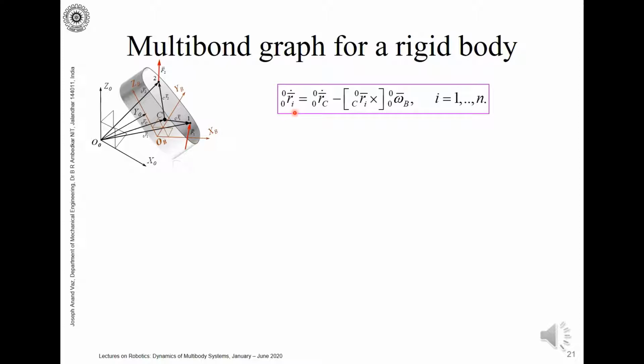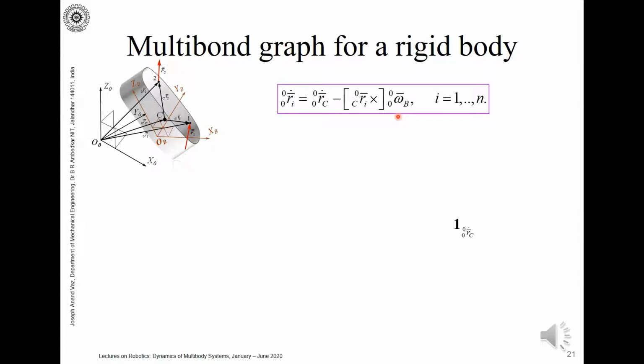So the kinematic approach says that the velocity of the ith point observed and expressed in the frame 0 is equal to the velocity of the center of mass of the body observed and expressed in the frame 0 minus Ri with respect to the center of mass expressed in 0 cross the angular velocity of the body with respect to 0 expressed in the frame 0. So you can do this for all the points on this body, i equal to 1 to n.